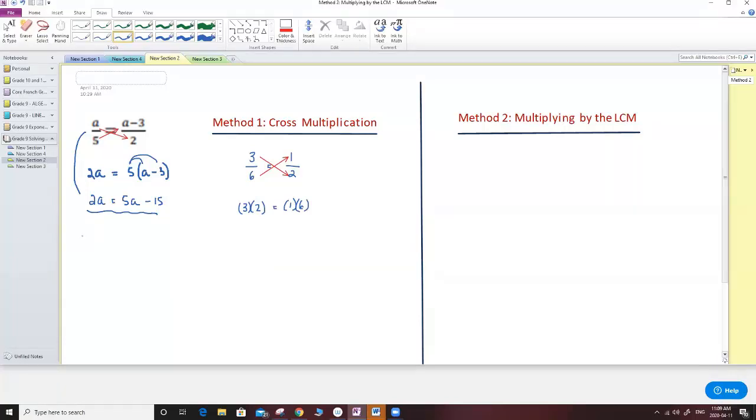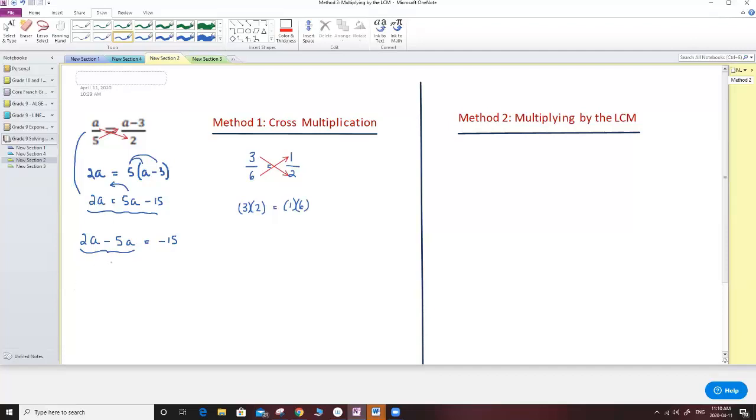So now I have 2a. And you remember, if I want to change the position of any term, I change the sign. So positive 5a becomes negative 5a, equal negative 15. Why did I do that? Because I need to combine all the variables on one side and all the constants on the other side.